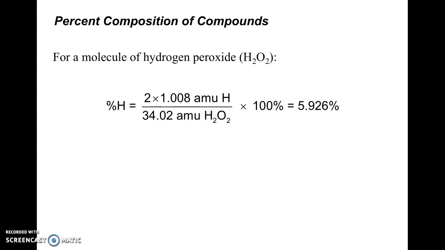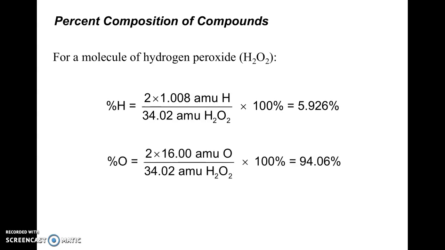If you're looking at hydrogen peroxide and you want to know the percent of hydrogen in it, there are 2 hydrogens, so it's 2 times 1.008, and the entire formula mass for hydrogen peroxide is 34.02 multiplied by 100, so the hydrogen is just under 6% in terms of mass. And the oxygen is the rest of it. And just a note, if you are doing percent composition by mass, your percents should add up to 100%.